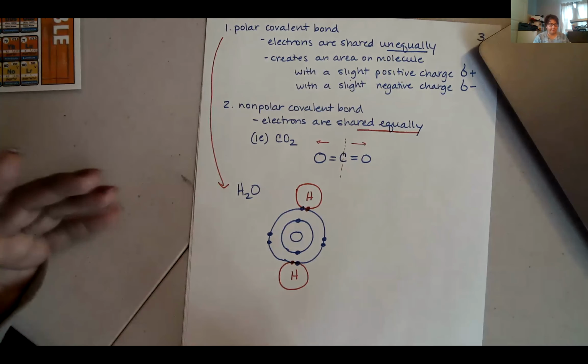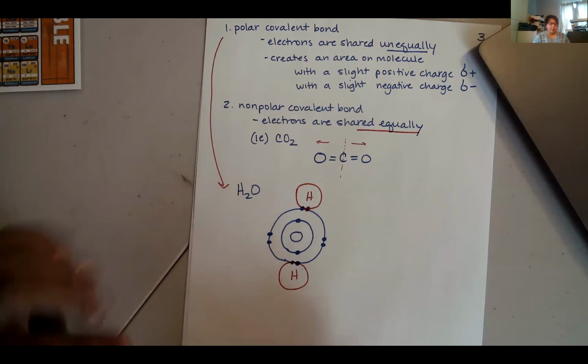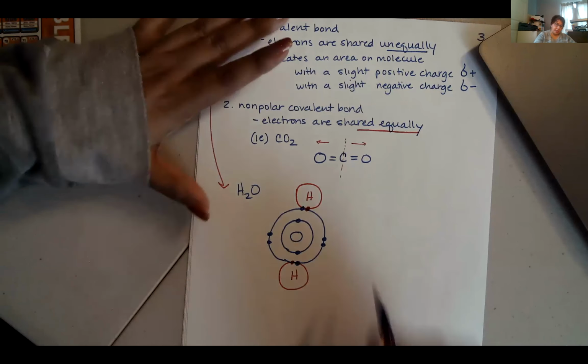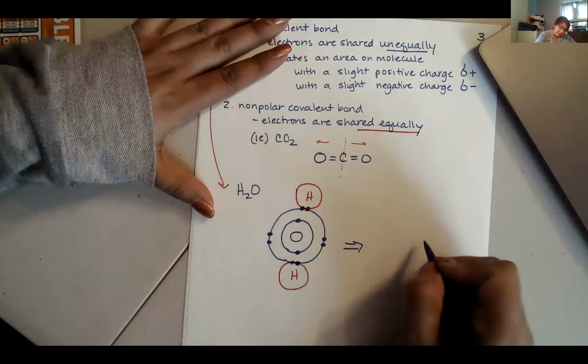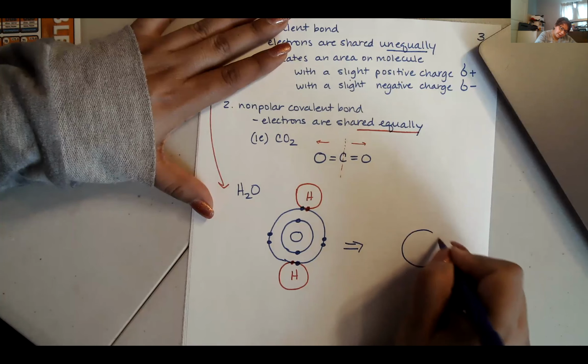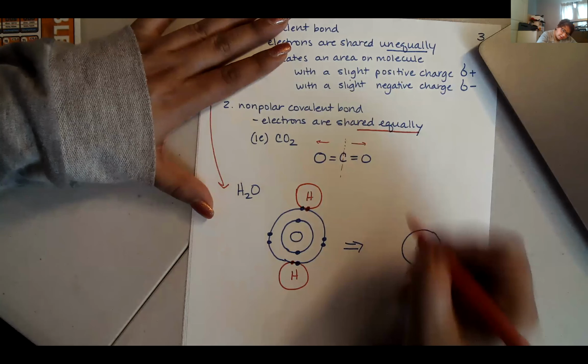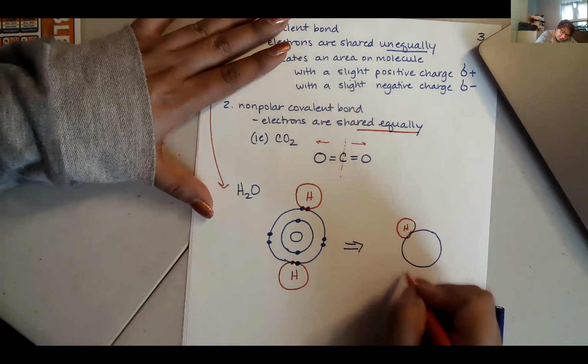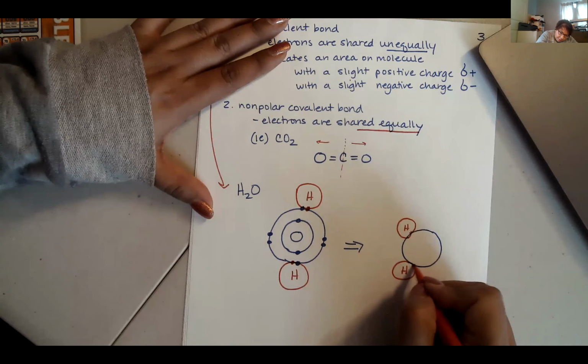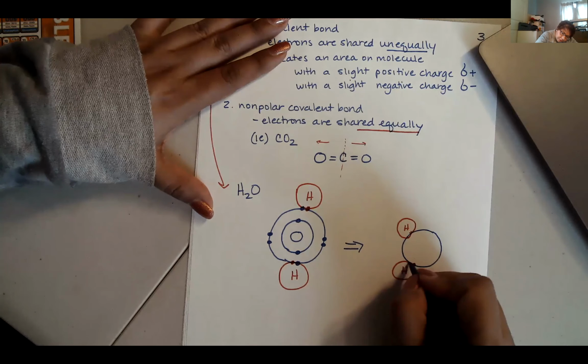Well, the chemistry of this molecule makes the shape more like, and I promise I'm not making this up, a Mickey Mouse head. So if I draw it here on the side, here's my hydrogen, here's my hydrogen, and I'm going to draw the shared electrons here.